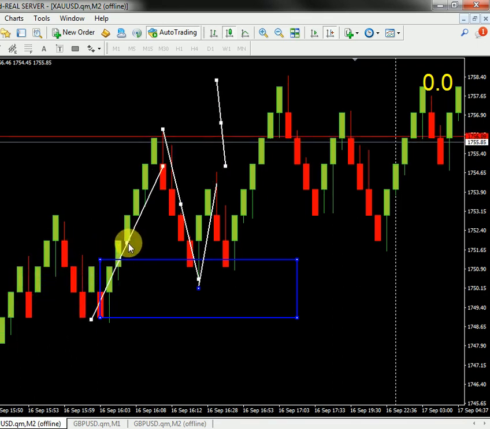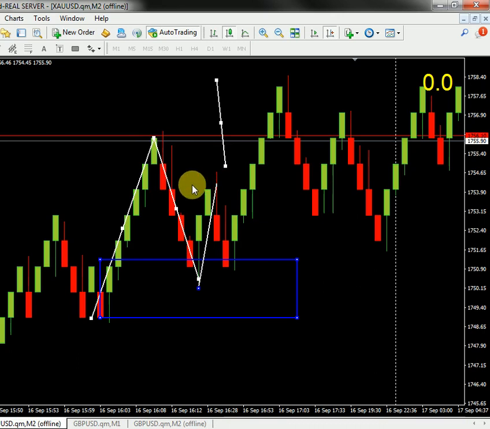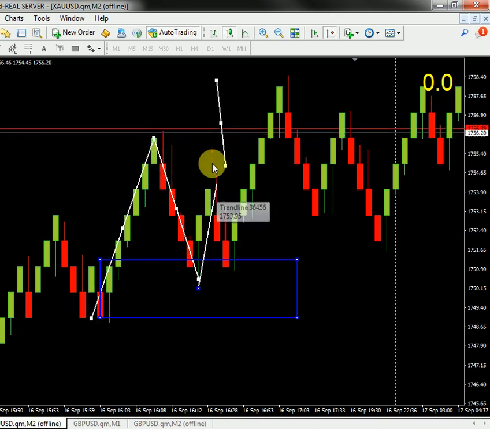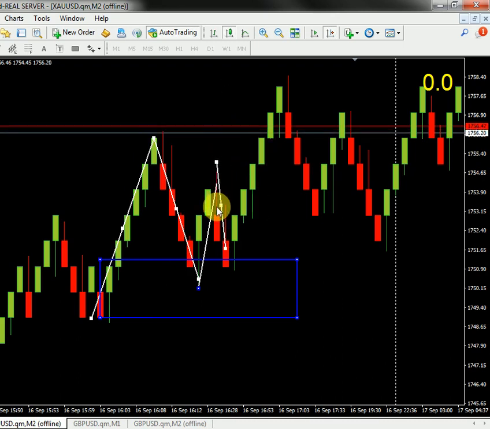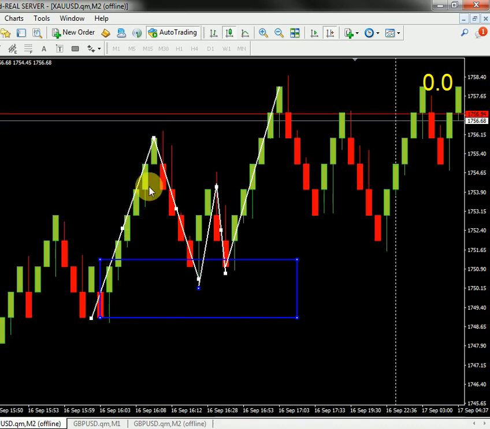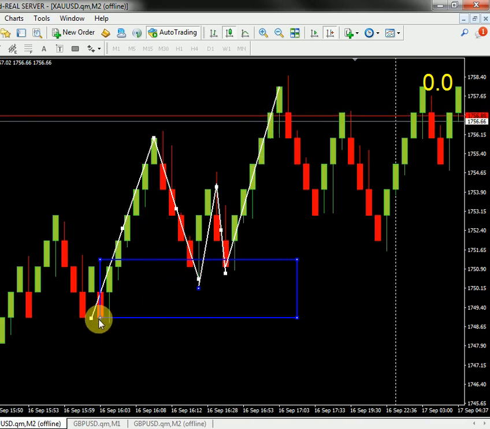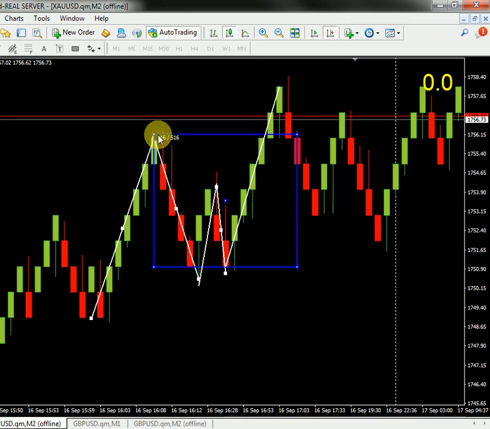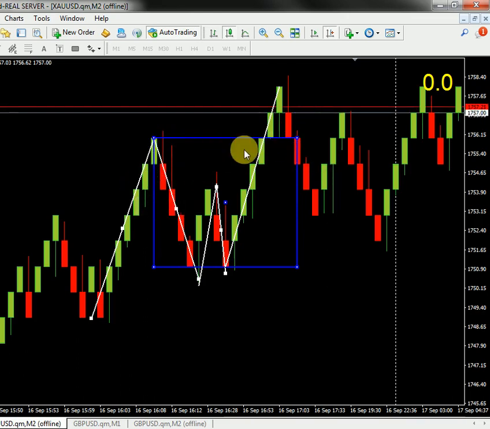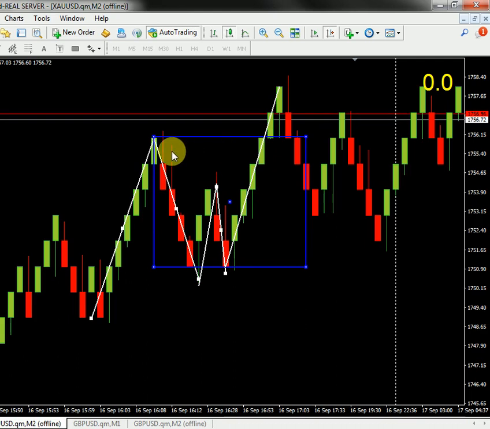So we look back: here is a move up and here a move down, we call this A and this B, and still C has not happened. But this one, C happens here. This one breaks, so this is A, the pullback is B, and this one is C. The biggest B is here, and it is crazy to enter here.